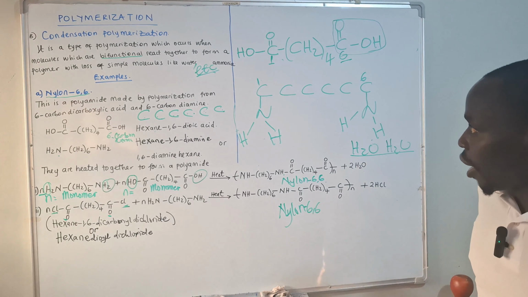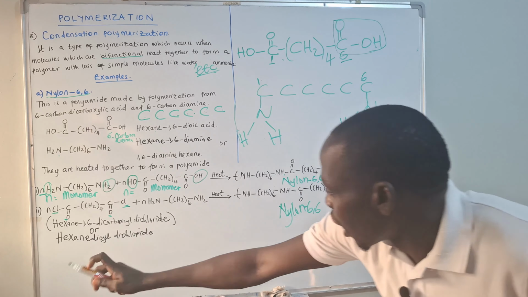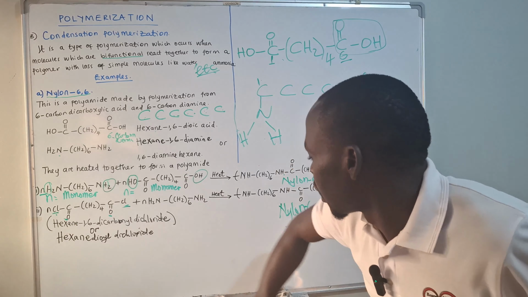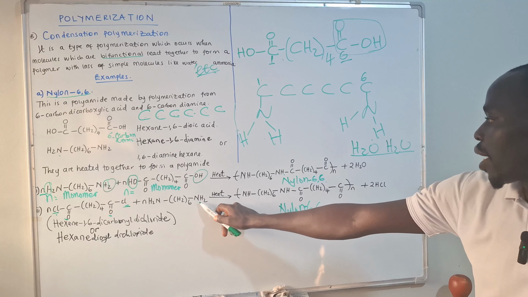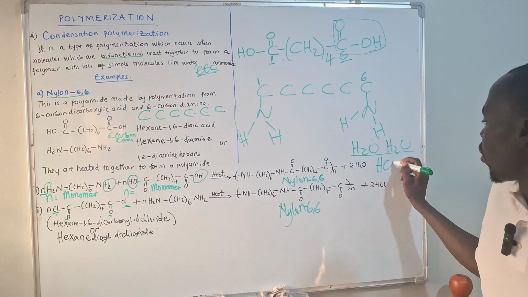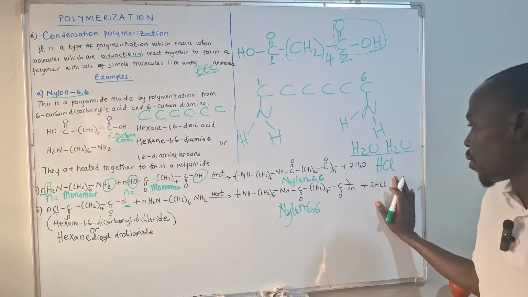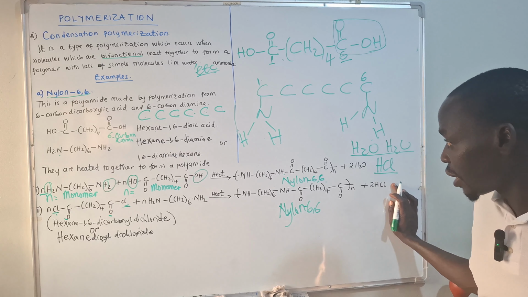So when you look at this critically, what happened is that this chloro group combines with one hydrogen from here, then they form hydrogen chloride. This one here is not the acid, it is hydrogen chloride gas.